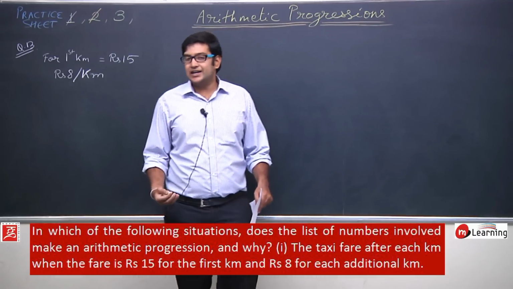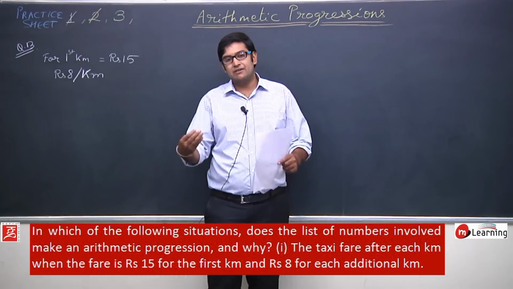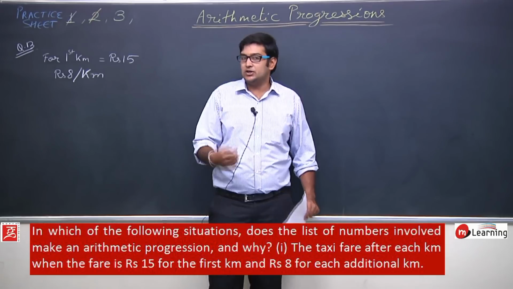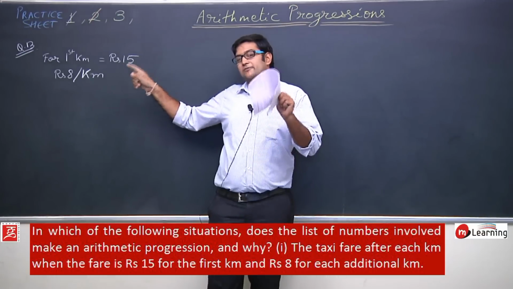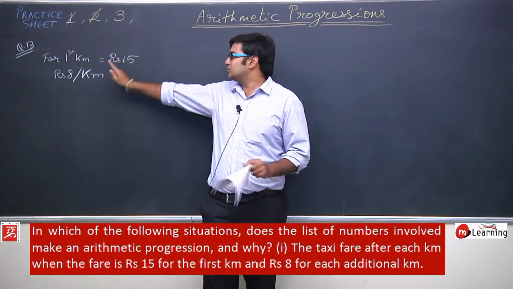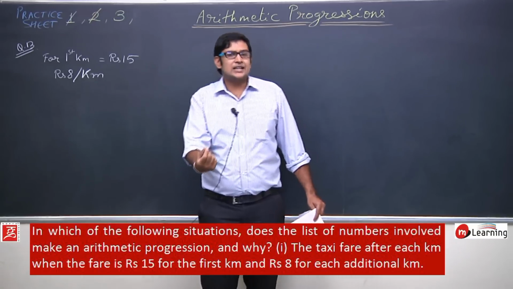So if you travel for only 1 kilometer, how much do you need to pay? You need to pay rupees 15, because he told you that for the first kilometer he will charge rupees 15.